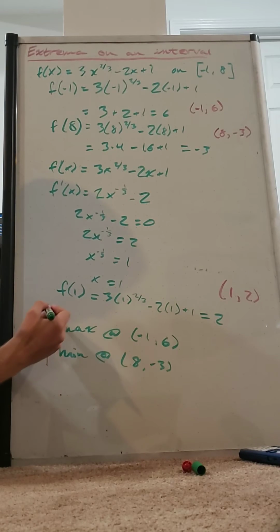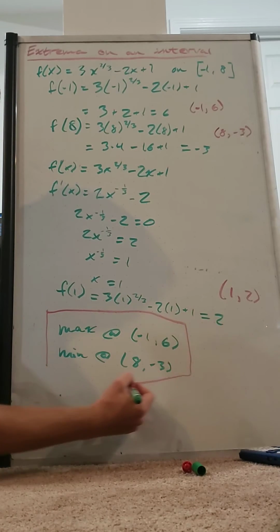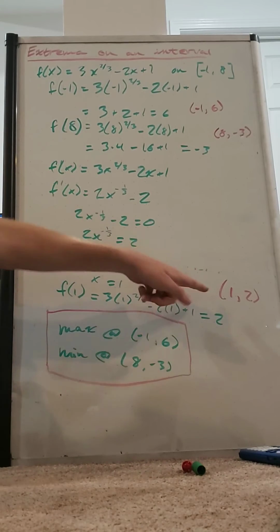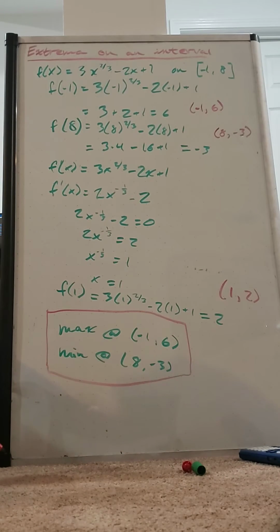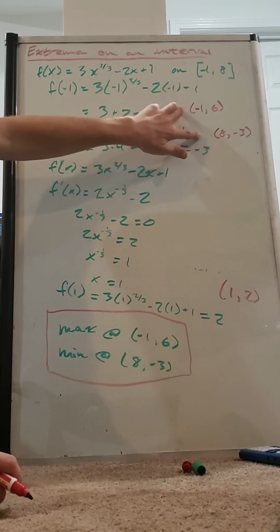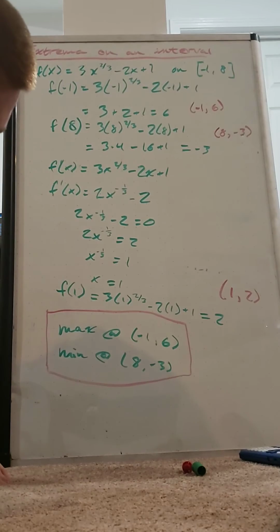And that is an example showing that sometimes the critical values are not your absolute extrema, because this was still in between these two endpoints.